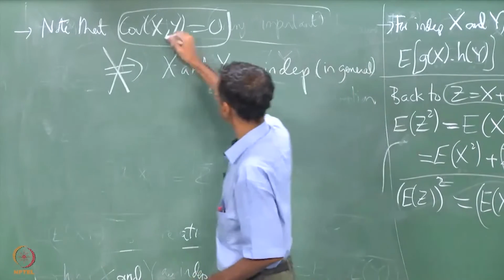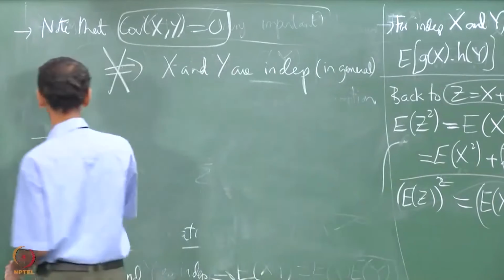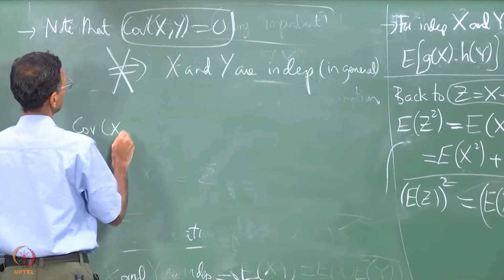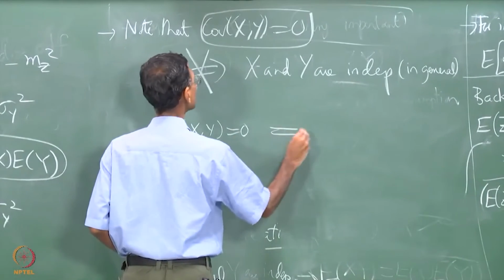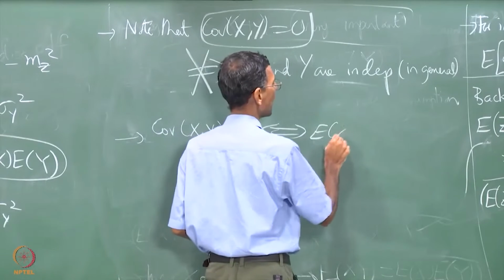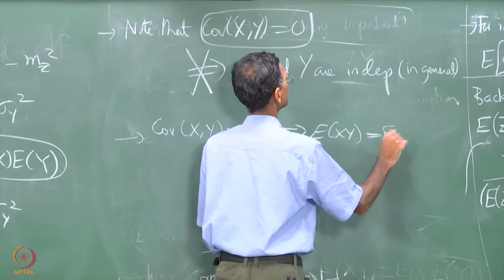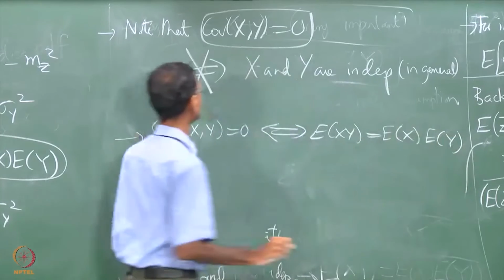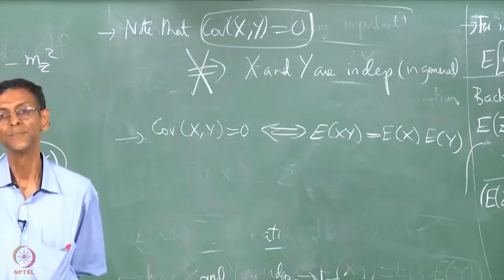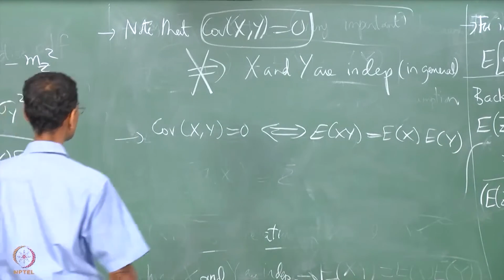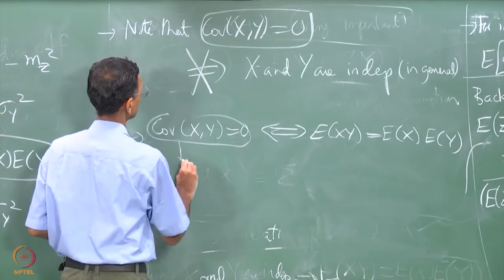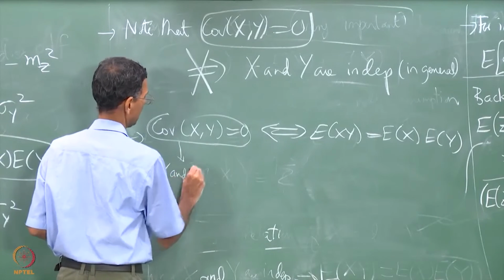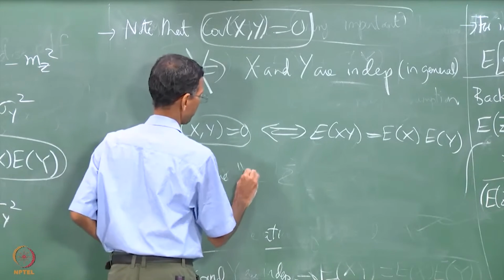All it says, the only thing it says, is that if this covariance is 0, it only means this: E of x y equals Ex into Ey. This is the only thing that it means, and there is a special term for this. X and y are called what? Uncorrelated.